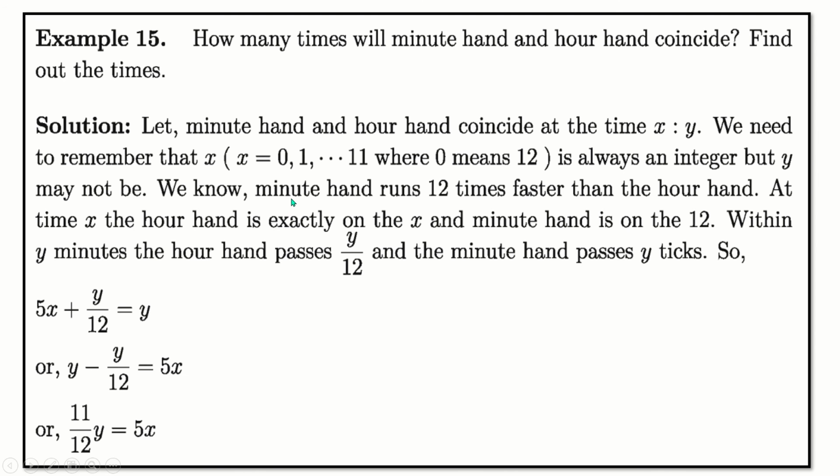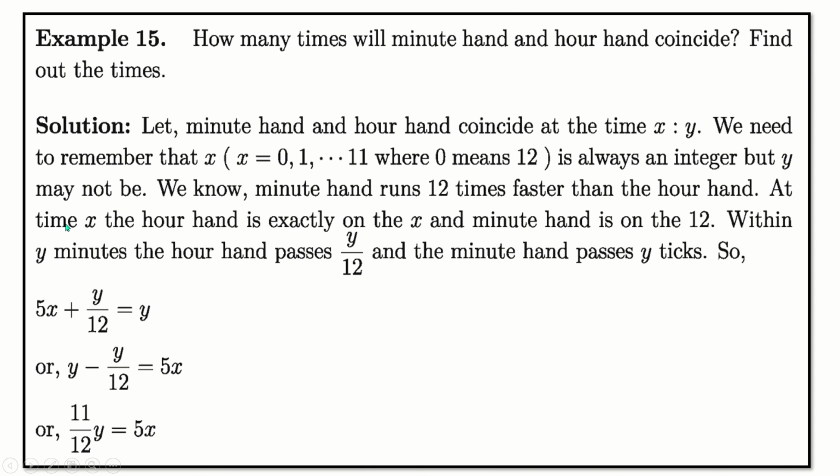Clear everyone? So for one part of the hour hand, the minute hand covers 12 parts. For this reason, we can say the minute hand runs 12 times faster than the hour hand. Okay, clear?